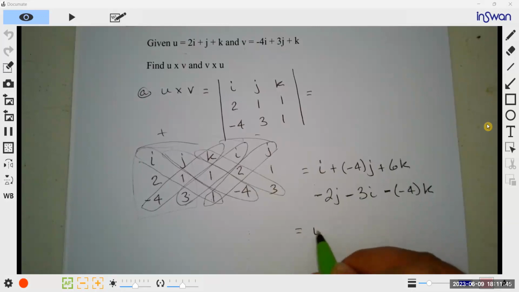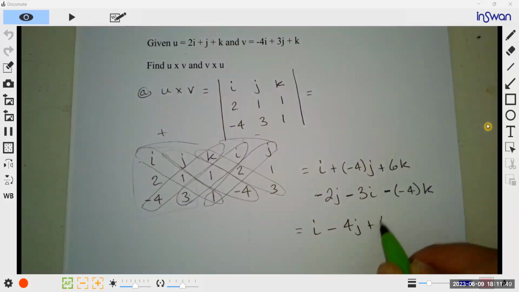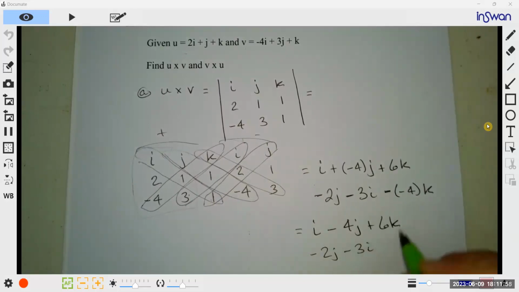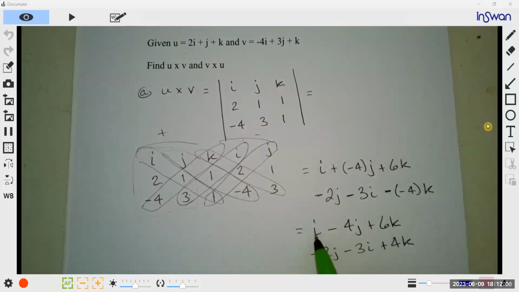So we have i minus 4j plus 6k minus 2j minus 3i, negative, negative makes it positive. So combine all those. How many i's do we have? 1 minus 3 is negative 2i.